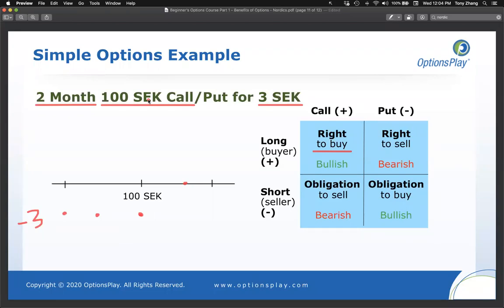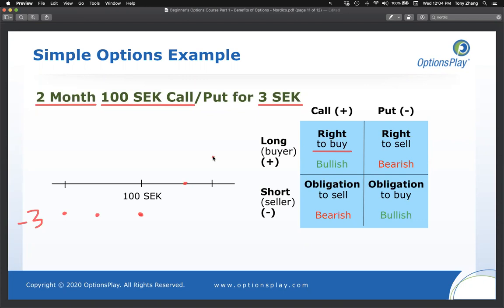Okay, perfect. Now, let's say the stock keeps moving higher. Let's say it moves up to 105. So now, again, I can buy the stock for 100 crowns that's worth 105 crowns. If I chose to buy the stock from the seller for 100 crowns, I can immediately sell it on the open market for 105. But again, I paid 3 crowns to get into it.